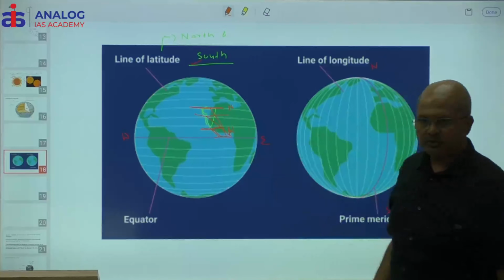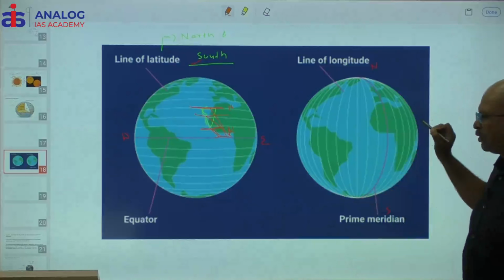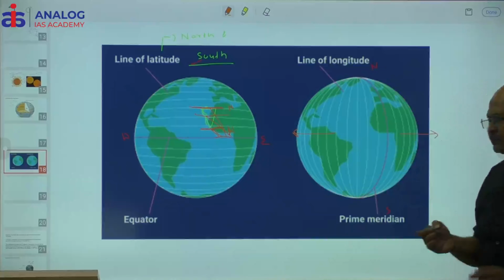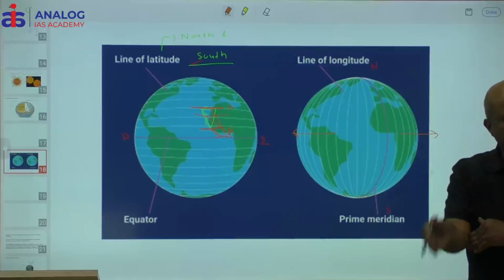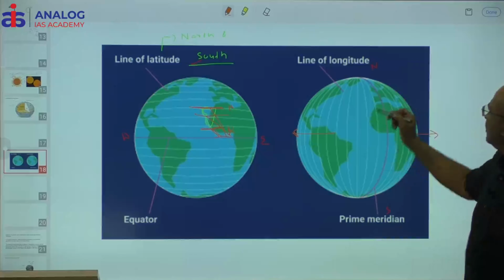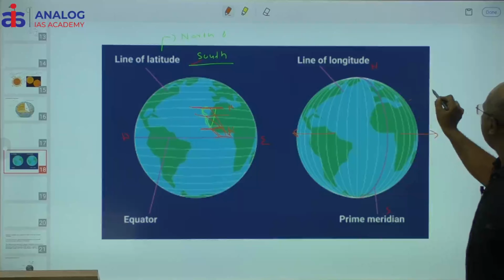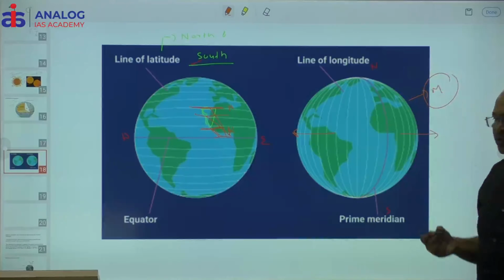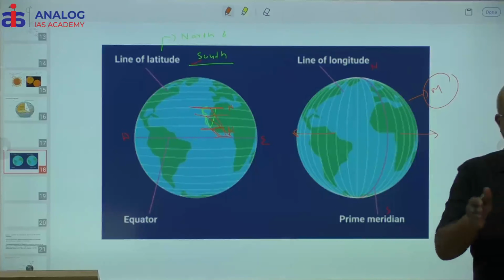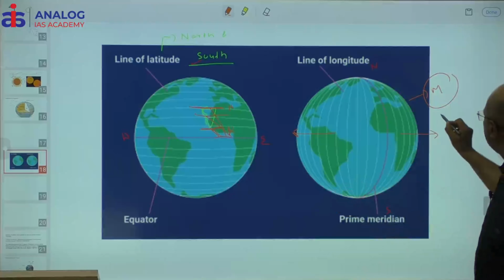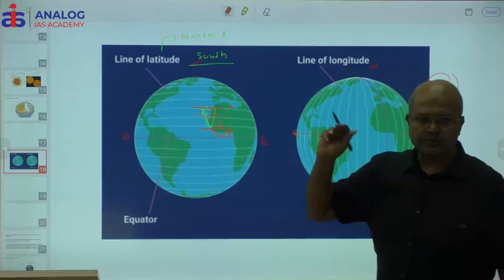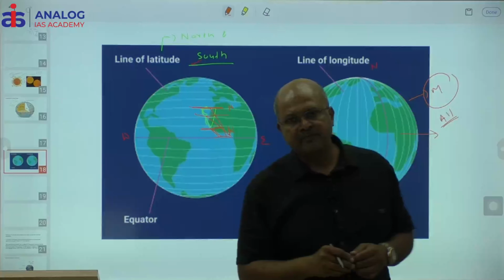What about longitude? Longitudes always show the location of a place east and west of the prime meridian. Now understand. They are called meridians. All the longitudes are having the same length. They cut the earth into two halves, all the meridians. But among the latitudes, which one is the largest?